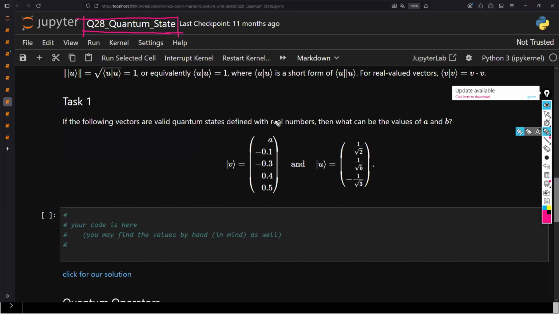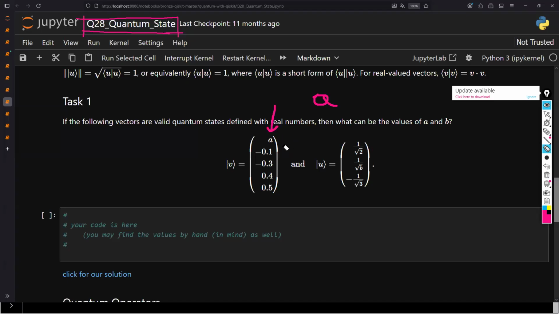First, it has a missing number, which is A. In Q28, the notebook that we are now in, we could calculate this A to find the missing number that we would fill in to have a proper quantum state.